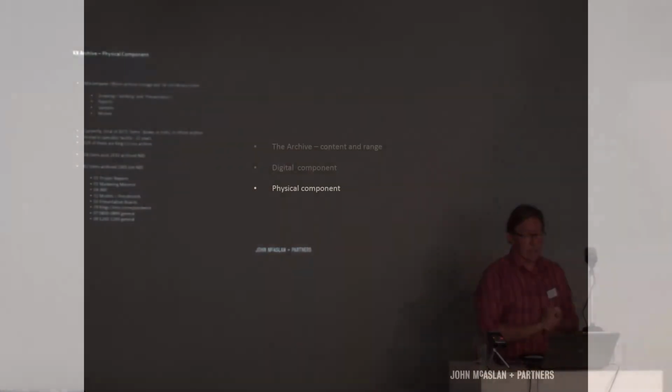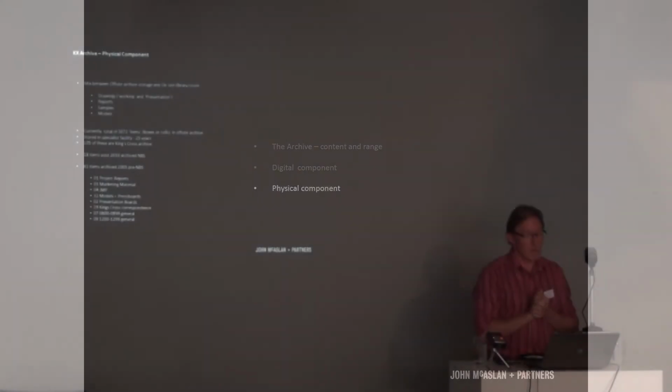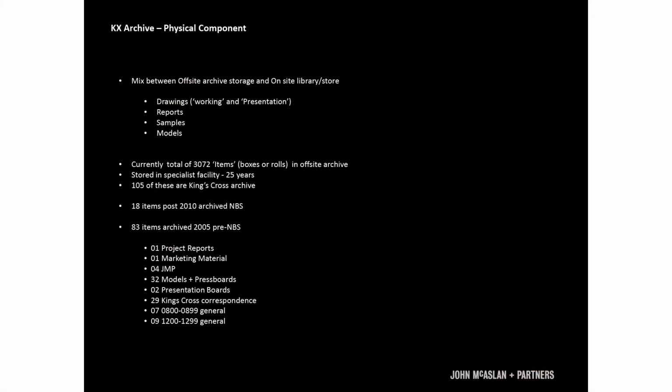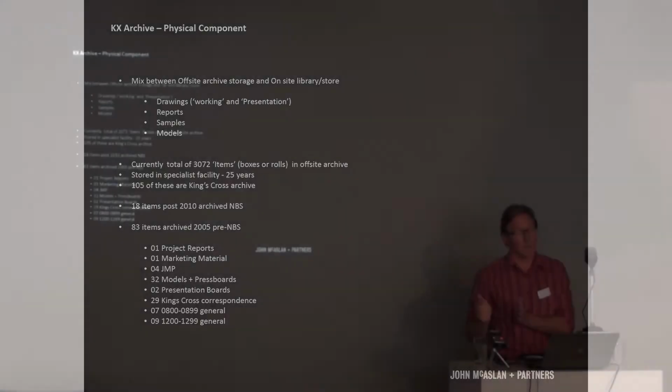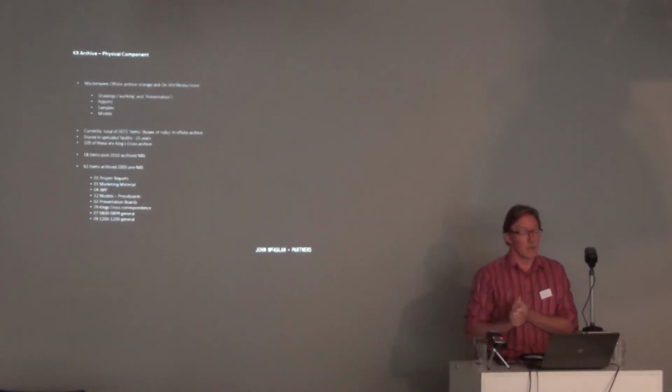And finally, just very quickly, the last part of the jigsaw in terms of how we manage our archive. I've talked about the digital component in terms of our drawing, modelling and design, and about managing the image library.